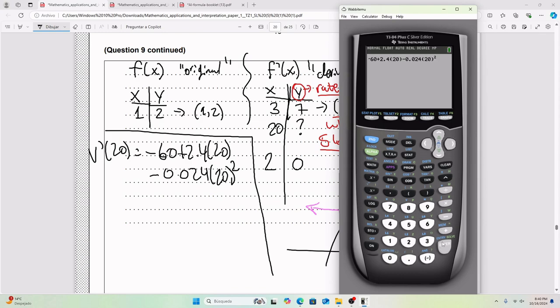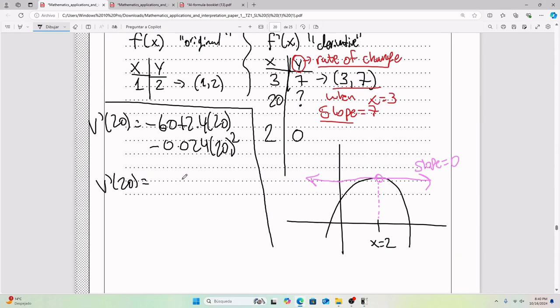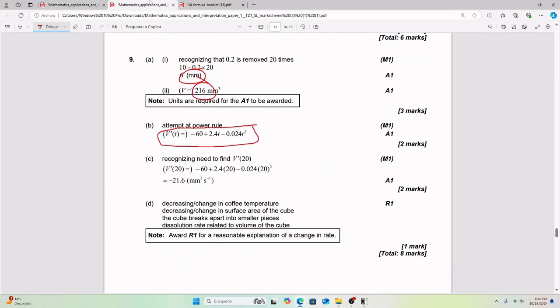See? Go ahead and press enter. You end up with negative 21.6. Yeah, negative 21.6. And if we go ahead and check the answer key, there it is, right?